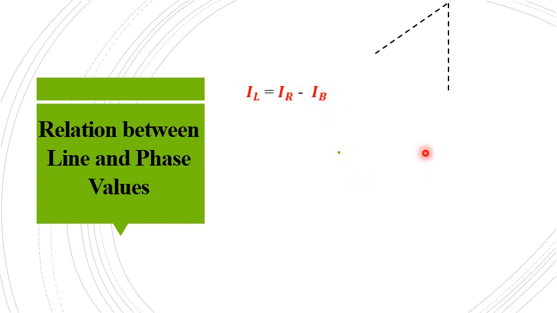First of all we need to draw the phasor diagram. The IR phasor is taken as the reference phasor. Then 120 degrees away from the IR phasor we have the IY phasor. Then 120 degrees away from the IY phasor we have the IB phasor.